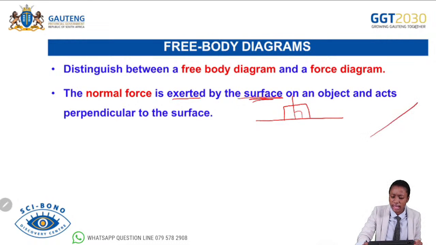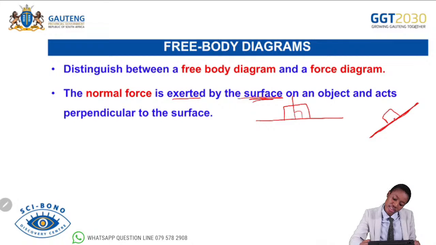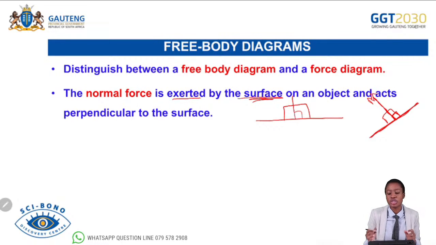For example, if we have an inclined surface here and an object that lies like that, what is the normal force? This is my surface, remember? This is my normal force. So it acts perpendicular, and I need to write a right angle in this case. Do you see that it is perpendicular? It's not straight up, but it is perpendicular to the surface, right?